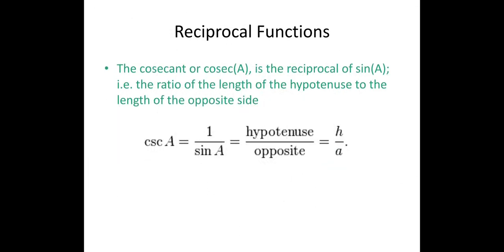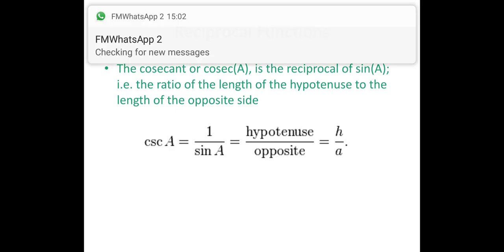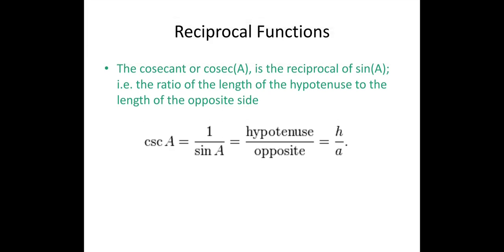Then comes your reciprocal functions. Three are the basic trigonometric functions, and the other three are the reciprocal functions. Reciprocal means the inverse of the previous three trigonometric functions. The first one was sine, so its reciprocal is known as the cosecant of the angle.